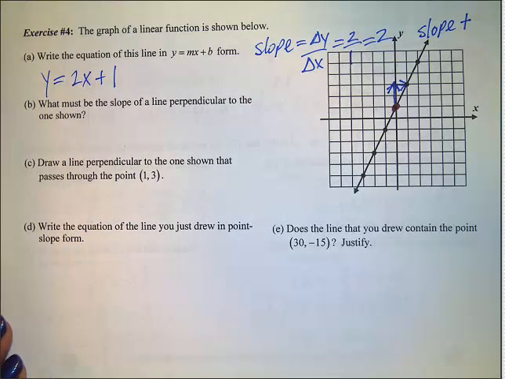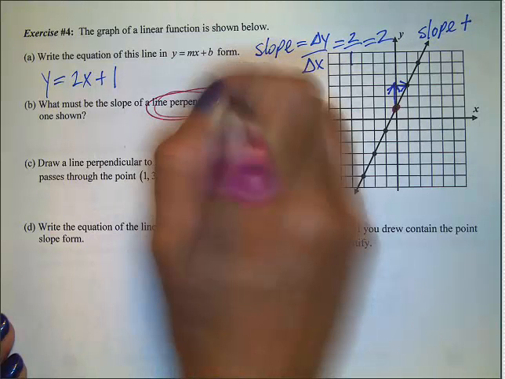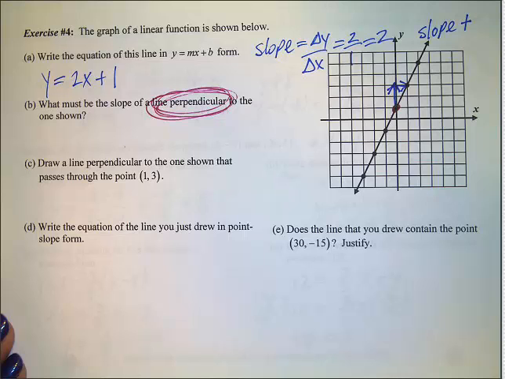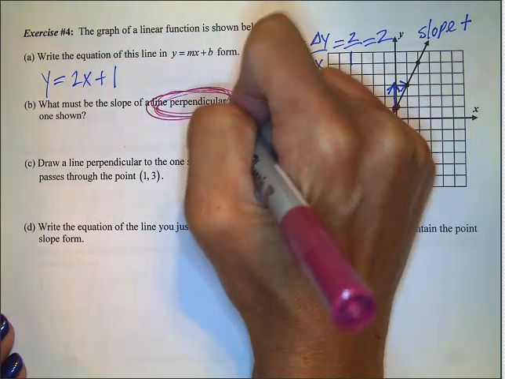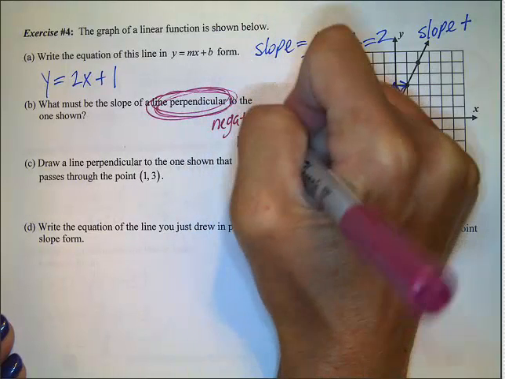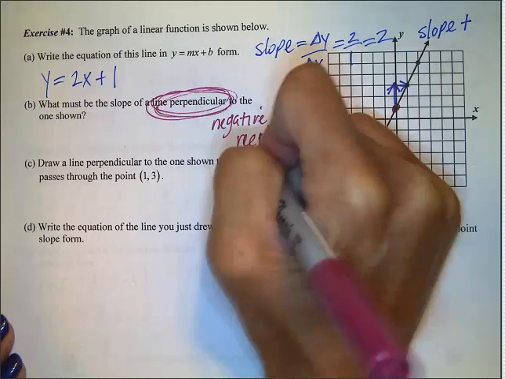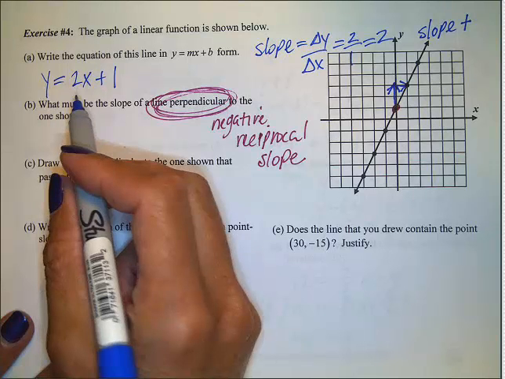So what must be the slope of a line perpendicular? Ooh, another word. So parallel was equal. Perpendicular is negative reciprocal slope. That means flip and negate. So if the slope is 2, that's 2 over 1.